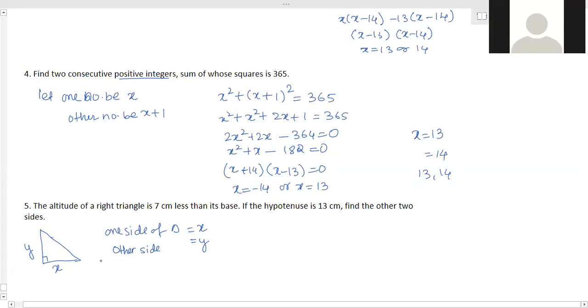x square. First they have given the relation. How to express this in an equation form? Altitude of a right triangle is 7 less than its base.